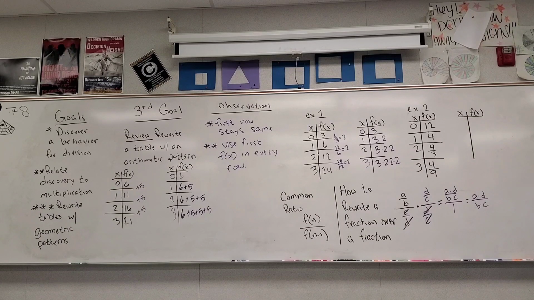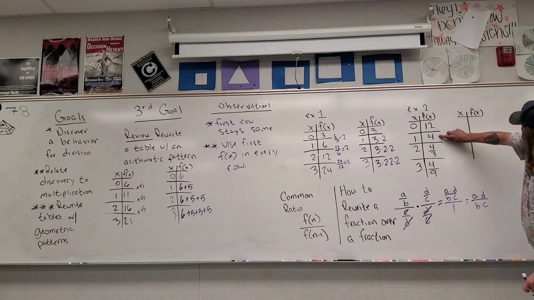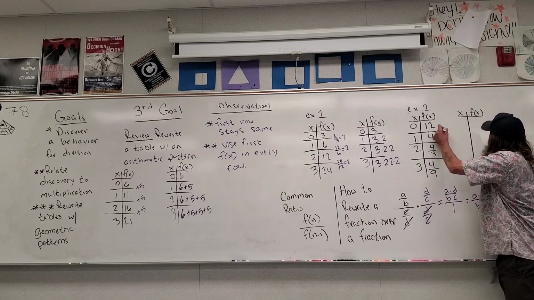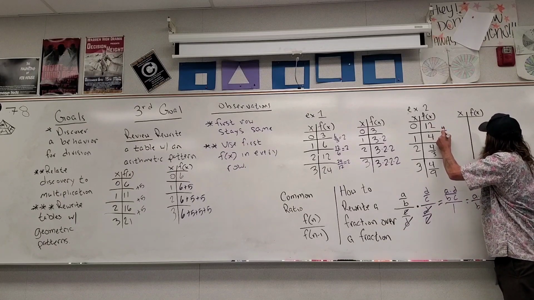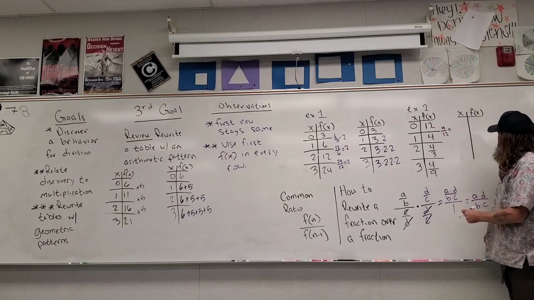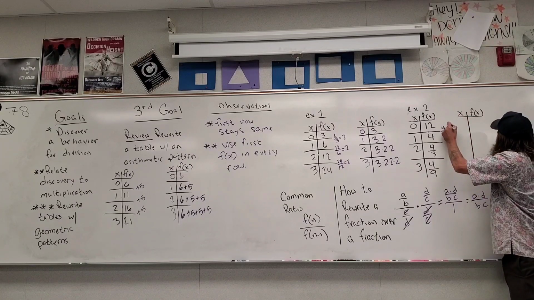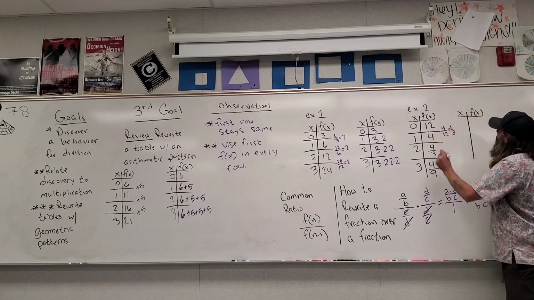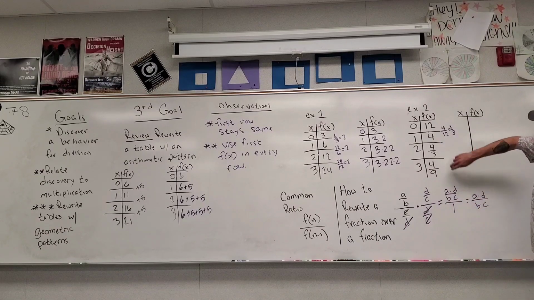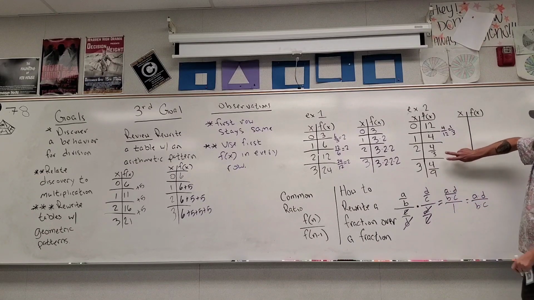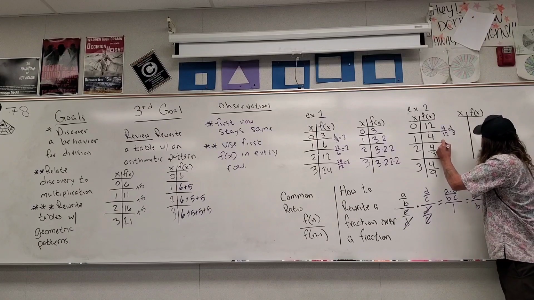Alright, let's see if we have a common ratio. So here I have 4 and 12, so it's going to become 4 over 12, which reduces down to, let's see, I can divide a 4 and a 4, it reduces down to 1/3. Here I have a 4 over 3 being divided by a 4.